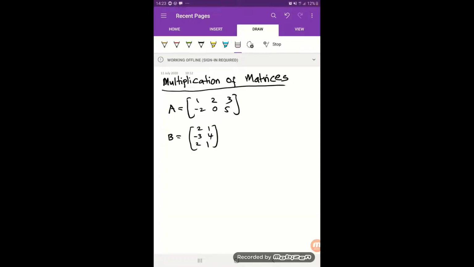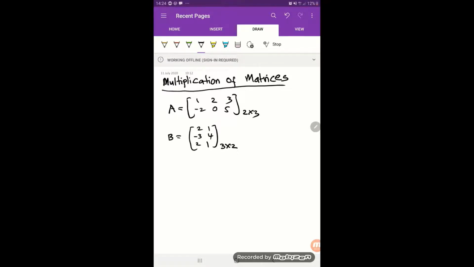Going to proceed to multiplication of matrices. The multiplication of matrices is defined only when the number of columns in the first matrix is equal to the number of rows in the second matrix. Let's say matrix A is the first matrix in order 2 times 3, and matrix B is the second matrix in order 3 times 2.